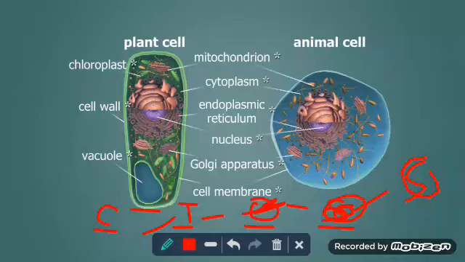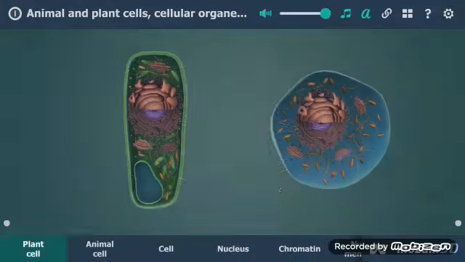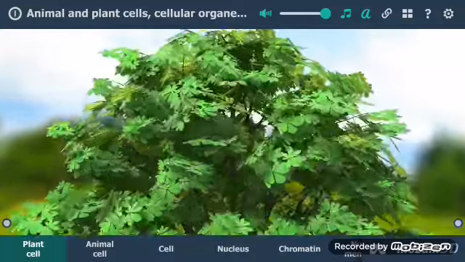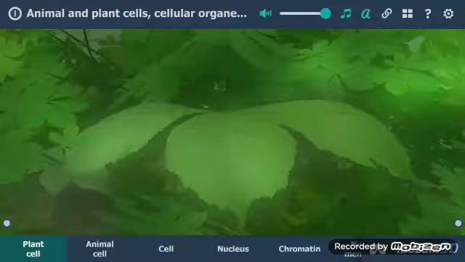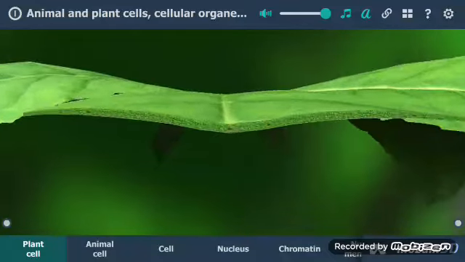Now we have the plant and animal cell. The plant cells, for instance. This is the inner structure of the plant cell. Listen very carefully.